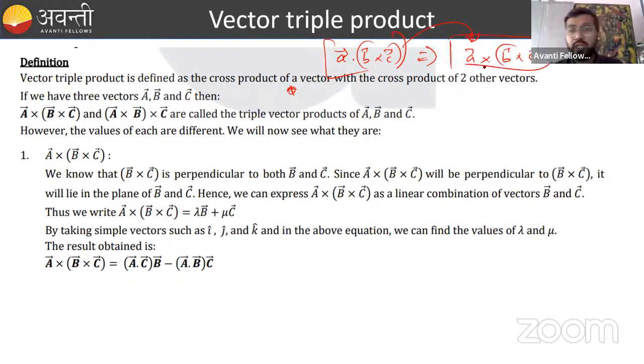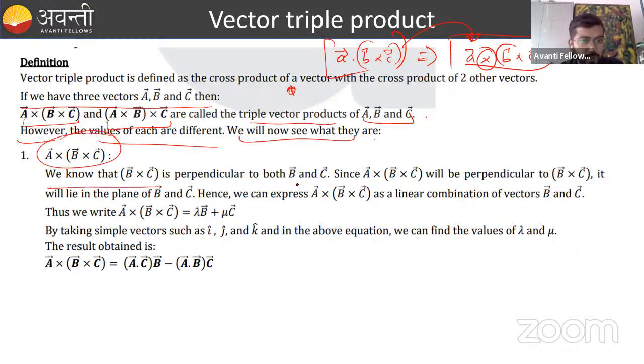So this is the only difference, that dot is replaced by a cross. Now here it is given, if we have three vectors a bar, b bar and c bar, then these are called vector triple products of a bar, b bar and c bar. However, the values of each are different. We will now see what they are.